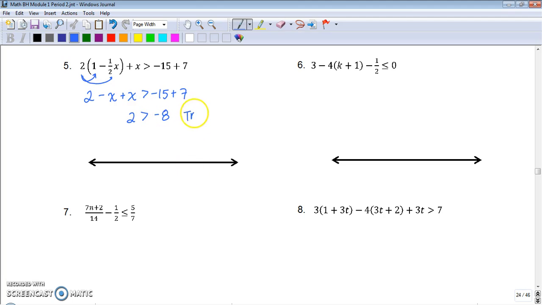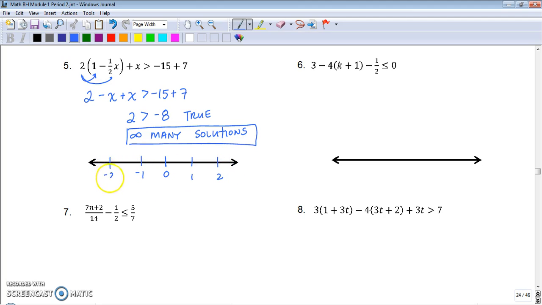If we get a true statement, 2 is greater than negative 8, then that means we have infinitely many solutions. So actually the same rules apply. We still need to graph it. So this time we can pick anything. We're going to shade the whole number line.